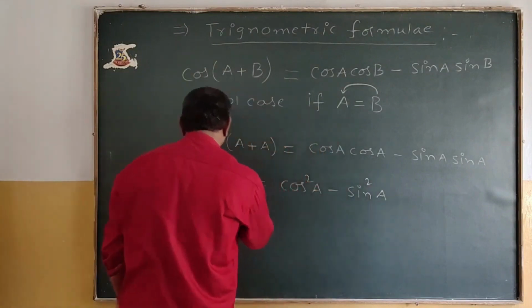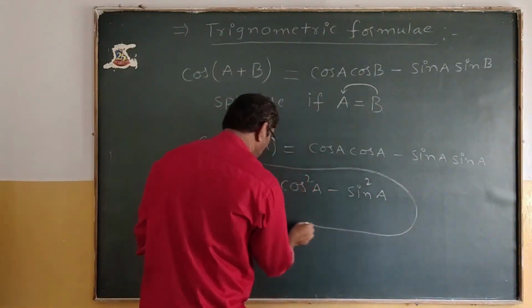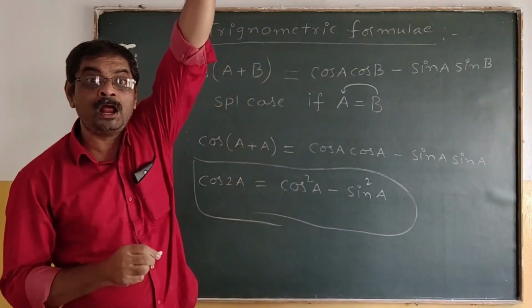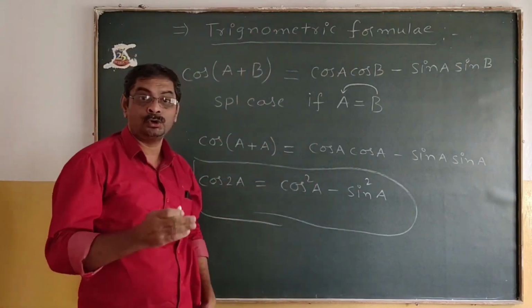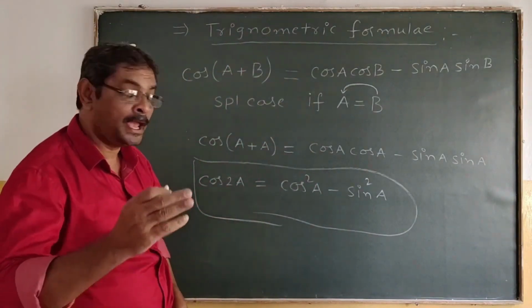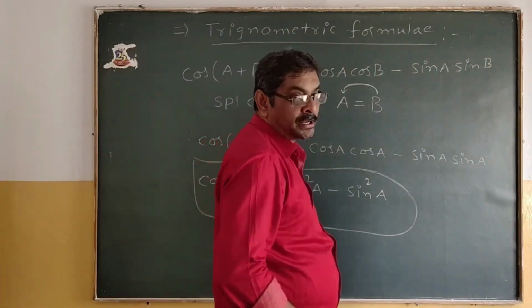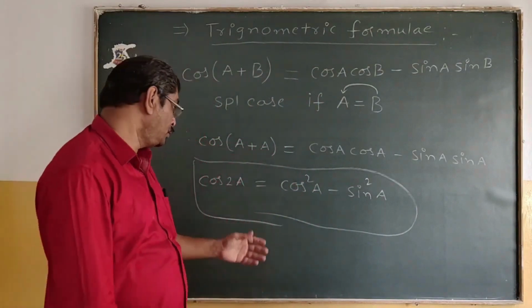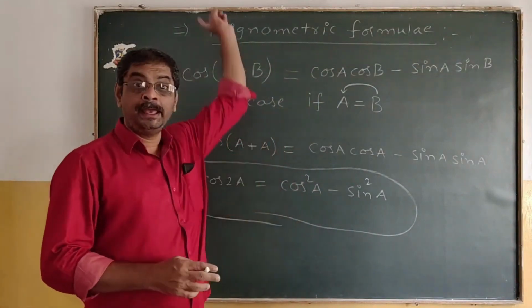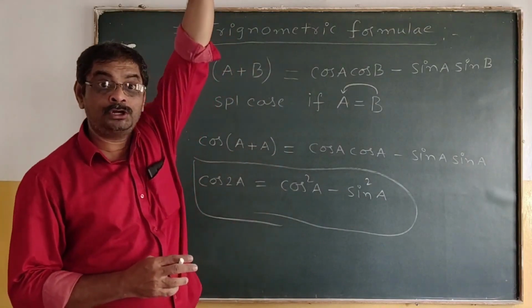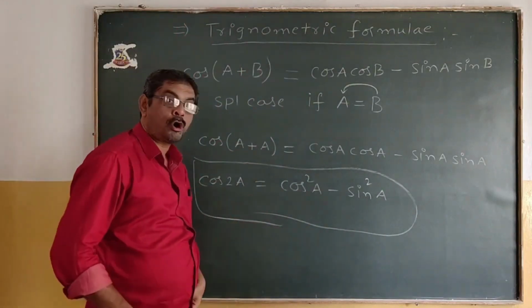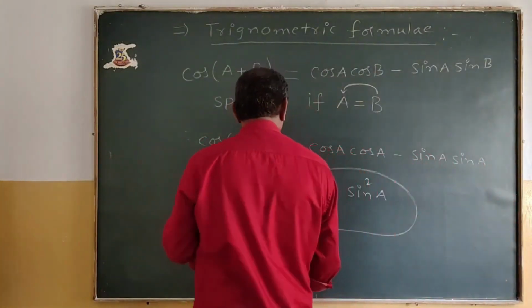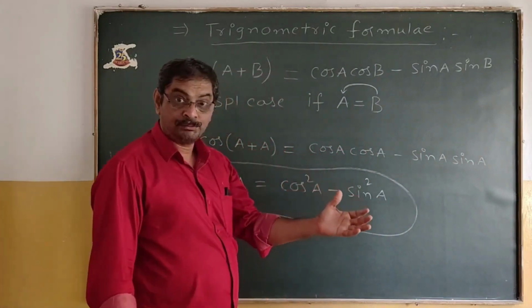Remember, this is one more important formula we derived here. Cos 2A is equal to cos square A minus sin square A. Now, can we further simplify?